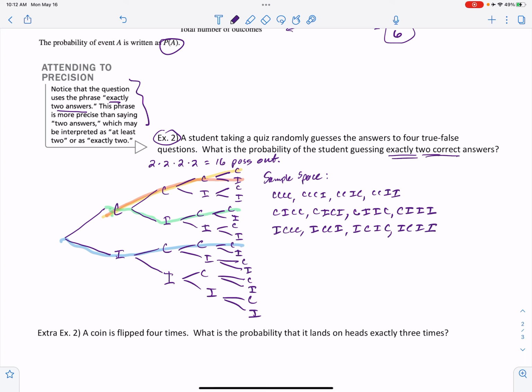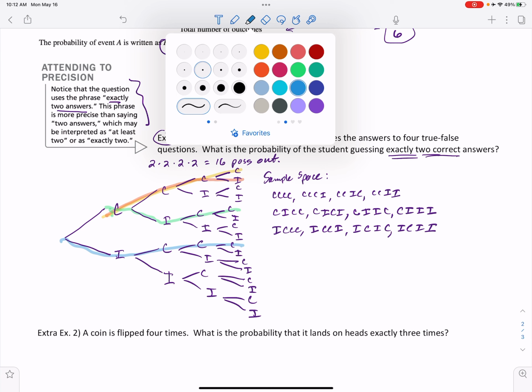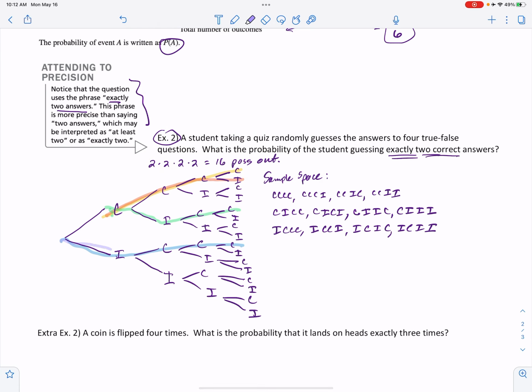And then I'm ready to start this branch. And that is my sample space, and there are 16.